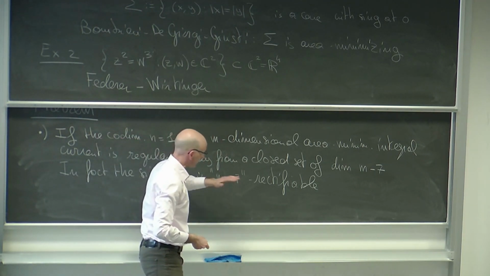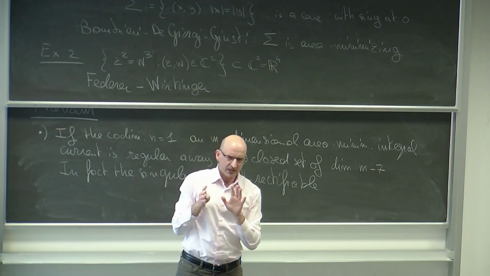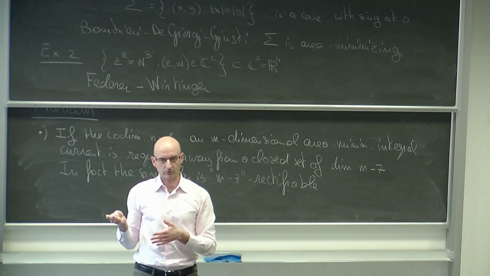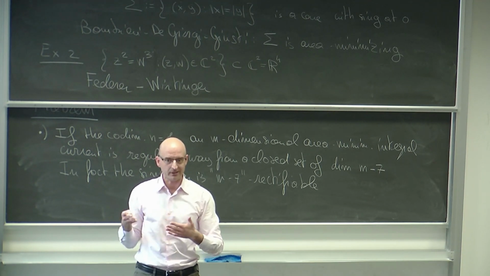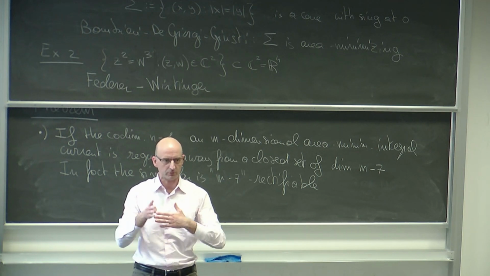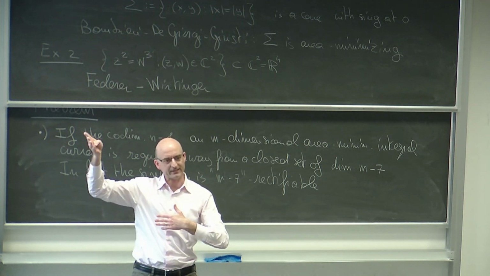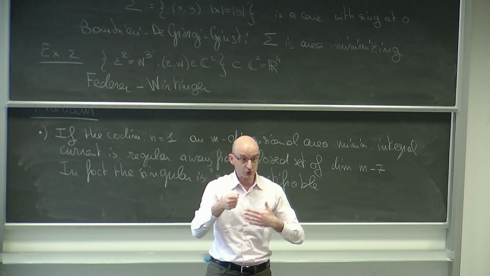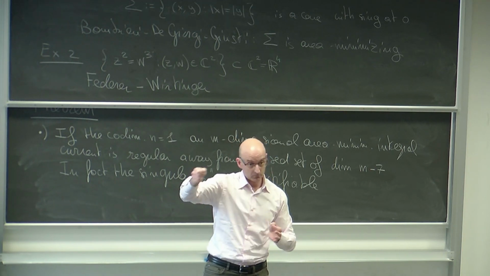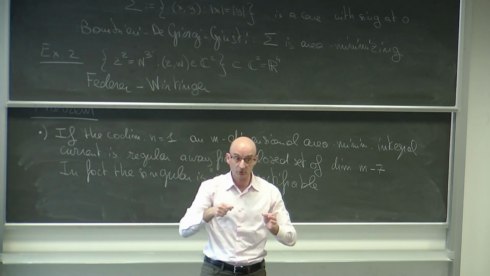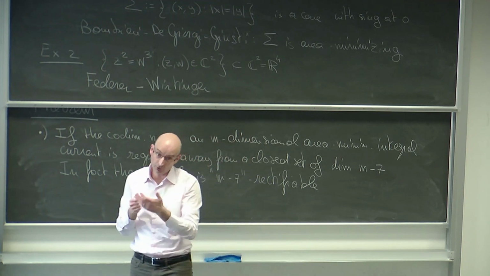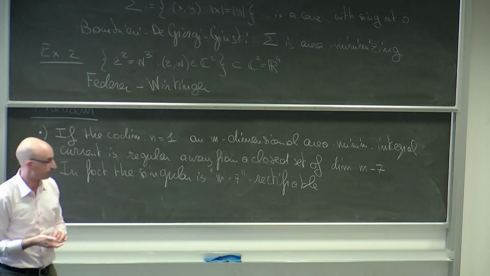N minus 7 rectifiable is kind of a measure theoretic substitute for saying that it is an n minus 7 submanifold, which is not something you can completely hope. I mean, you can actually imagine, for instance, if you go to an 8-dimensional minimizer, that you might actually find a structure of singularities which are like one-dimensional arcs, which might meet actually at some point. I mean, it might have some tree structure. And you can actually make examples where that happens.